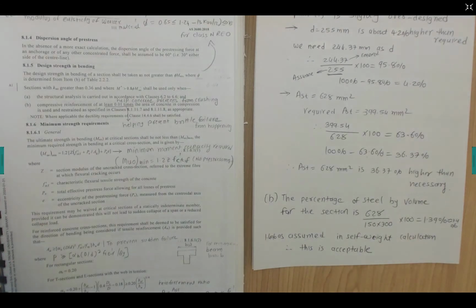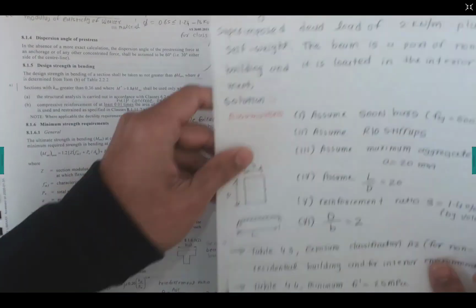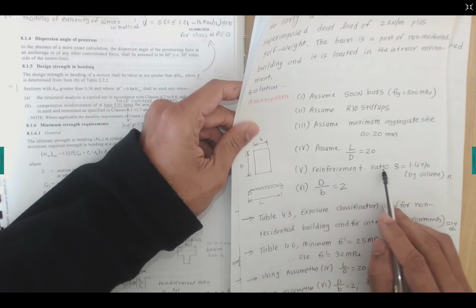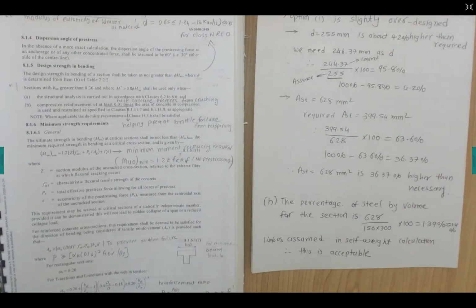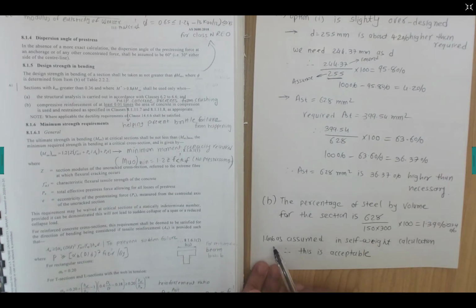In our loading calculations, we made assumption number 5, which is a reinforcement ratio of 1.54%. So it's acceptable. We are just verifying all the assumptions. We don't want any big discrepancy between the assumption and our calculation. So for the self-weight calculations, it is acceptable.